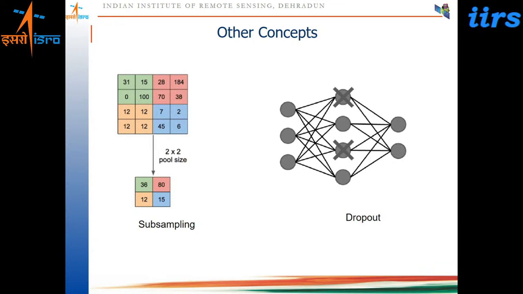For that, what we carry out is the dropout step. During the training stage, the connectivity of the network, or the weights which we have observed previously, will become 0.